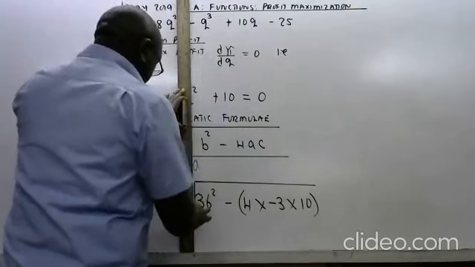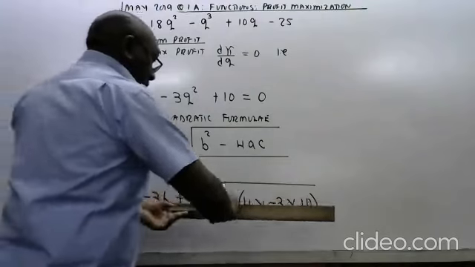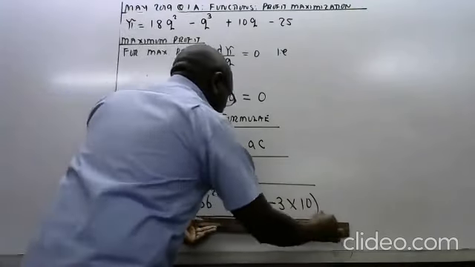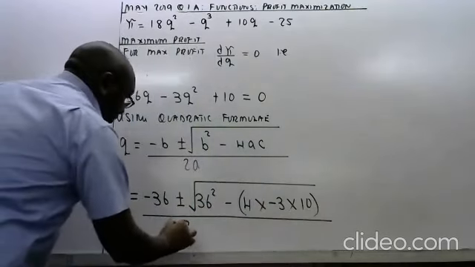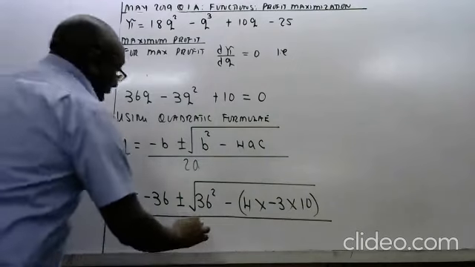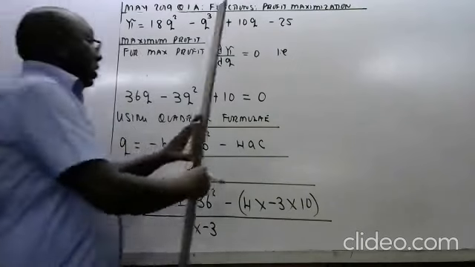You divide here by 2 times a, which is minus 3.